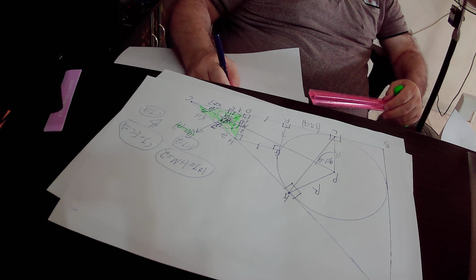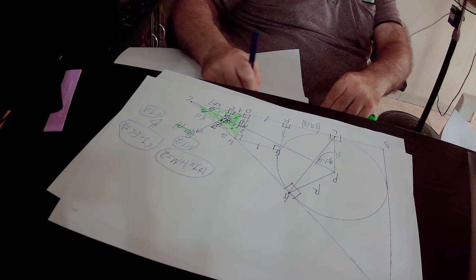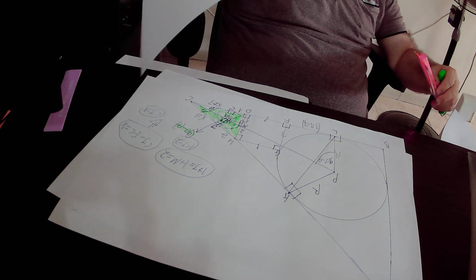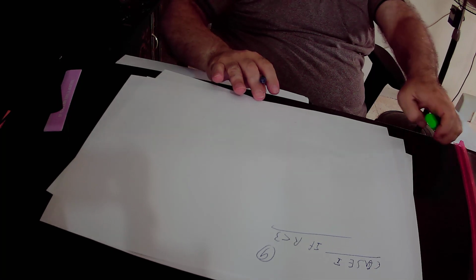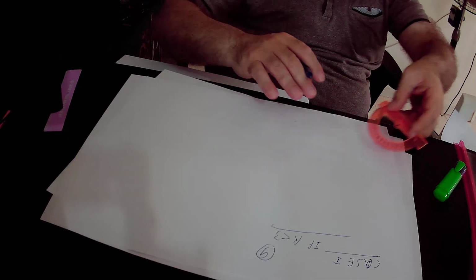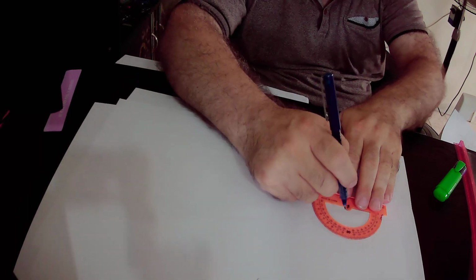So if R is less than 3 units. Okay, the first case is R is less than 3 units. So actually we have a circle, then the radius of the circle is less than 3 units.